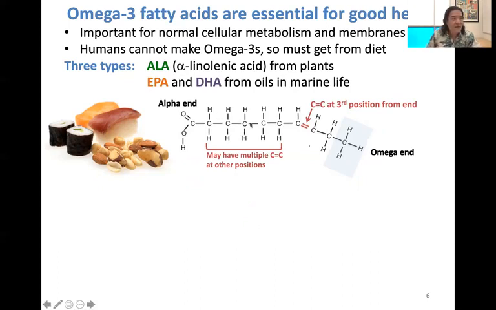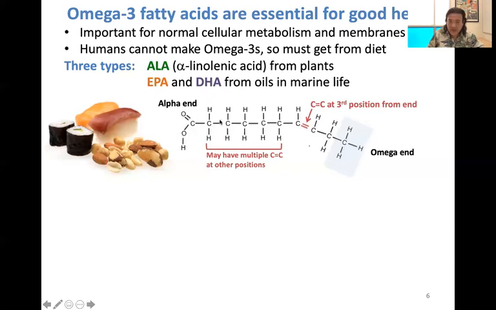These omega-3s are very important for our cellular metabolism and also for the production of our membranes. They serve as the raw material for getting a lot of fatty acid components to make things like membranes. This is the structure of an omega-3. You have the carboxylic end over here, the carboxyl group.